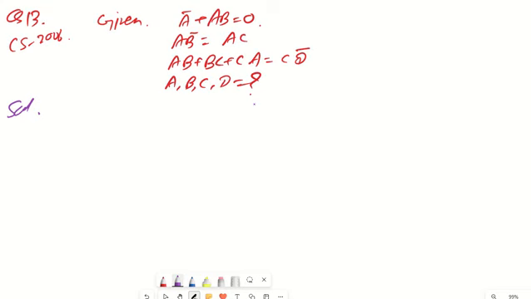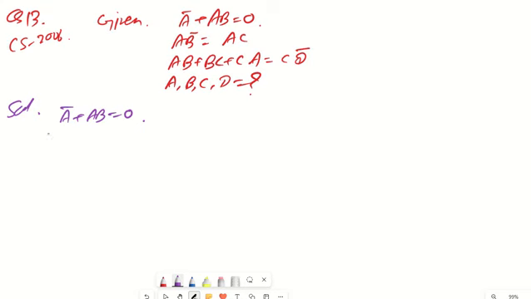So if you see from the first expression, A bar plus AB is going to be 0. In that case, can you see both sides we must have 0 term, right? So both the terms must be separately 0.